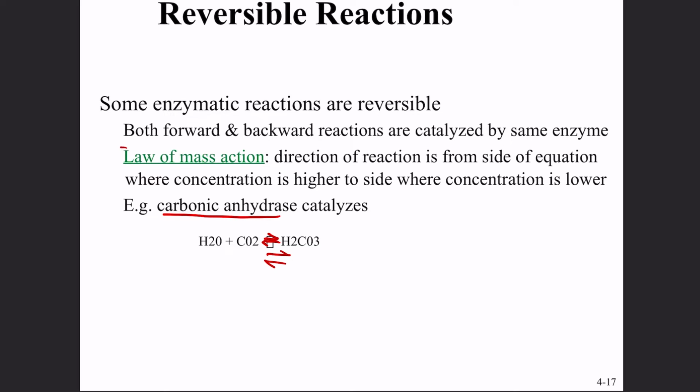The law of mass action here states that depending on what concentration is higher or lower, it's going to go from high to low concentration. And so it can go back and forth depending on what the concentration of these products are.